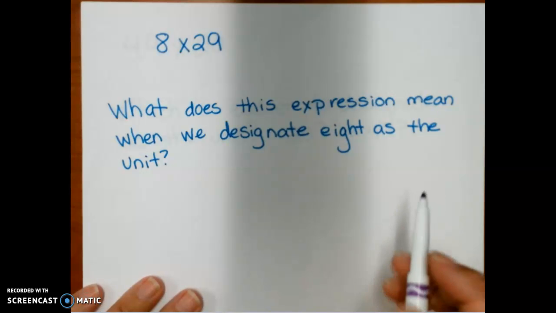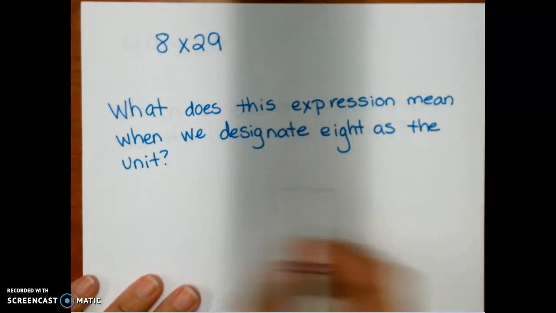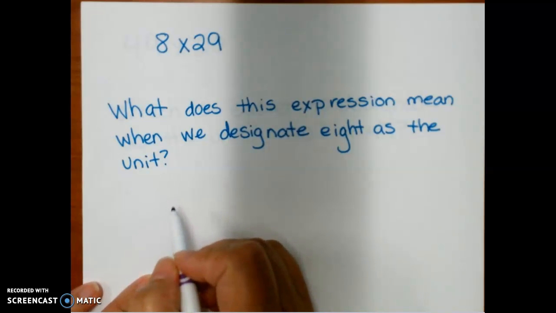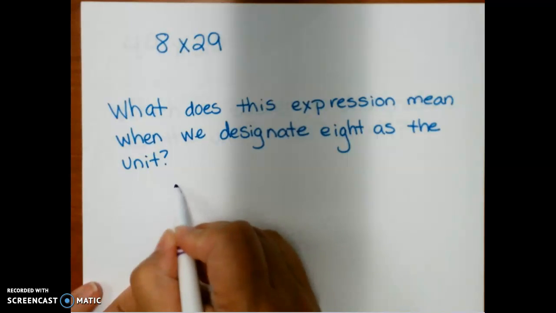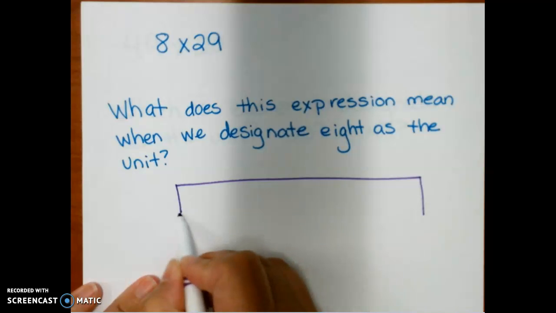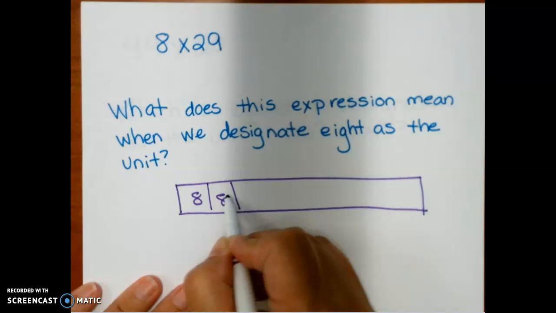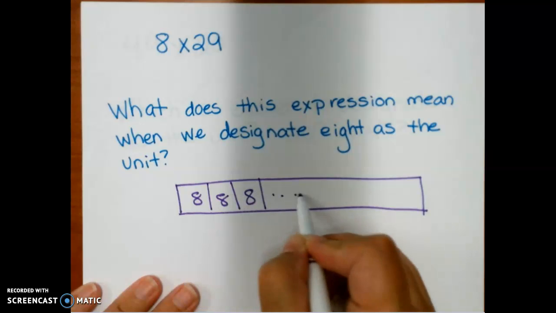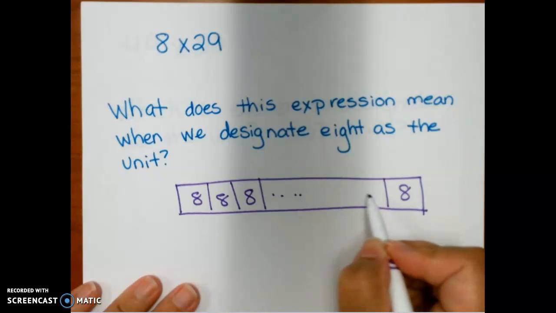How does knowing what 8 times 30 is, or 30 eighths, help me? So, remember my diagram from before. I have 8, 8, 8, 8, and these dots mean you just keep going.